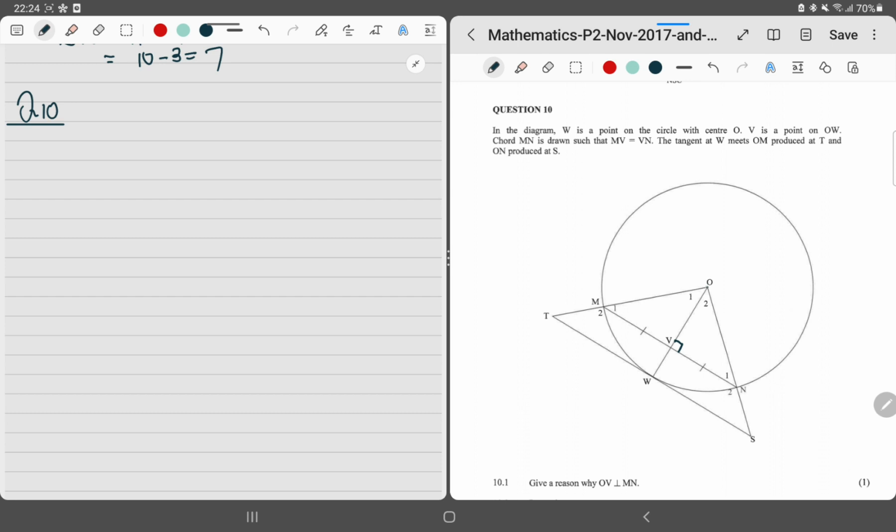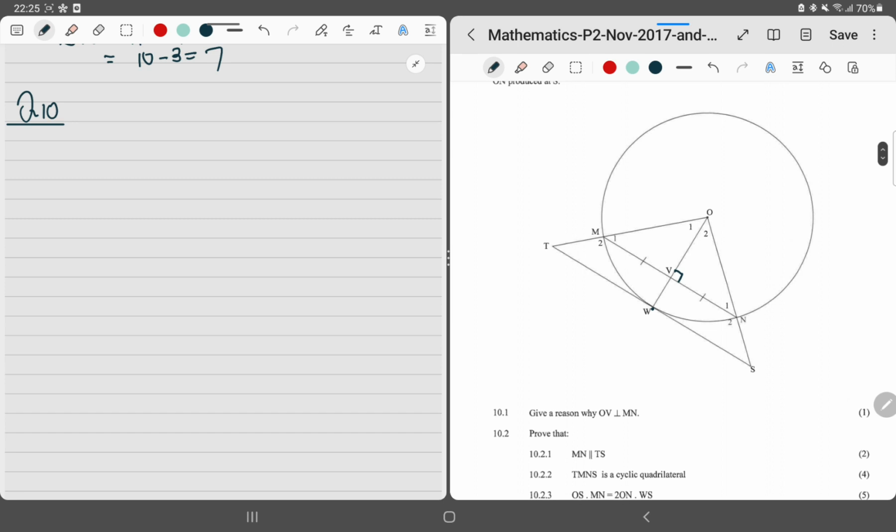If a line is drawn from the center to the midpoint of a chord, that means OV is perpendicular to MN. The tangent at W meets OM produced at T, and ON produced at S. So this is 90 degrees as well, because this radius is perpendicular to the tangent.